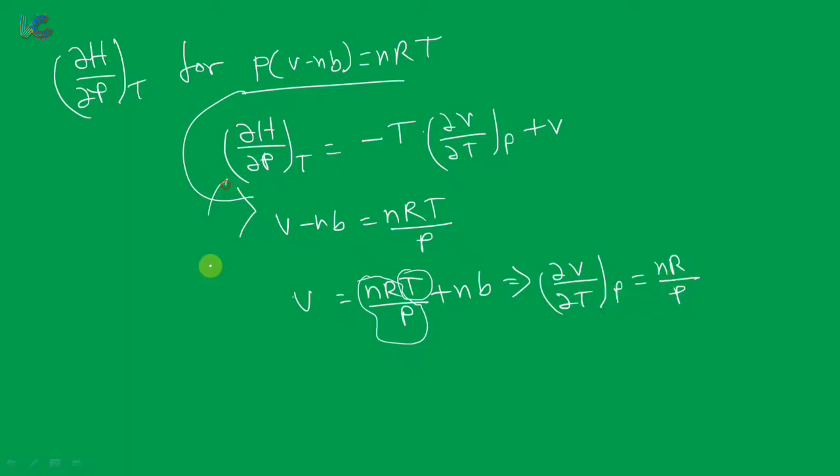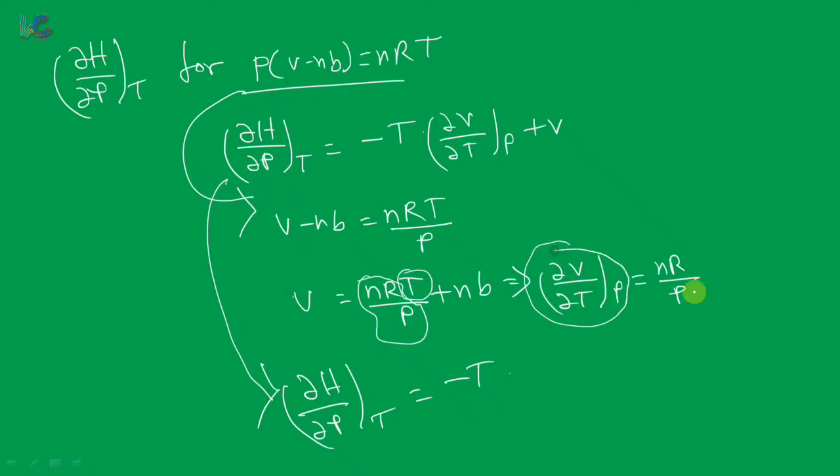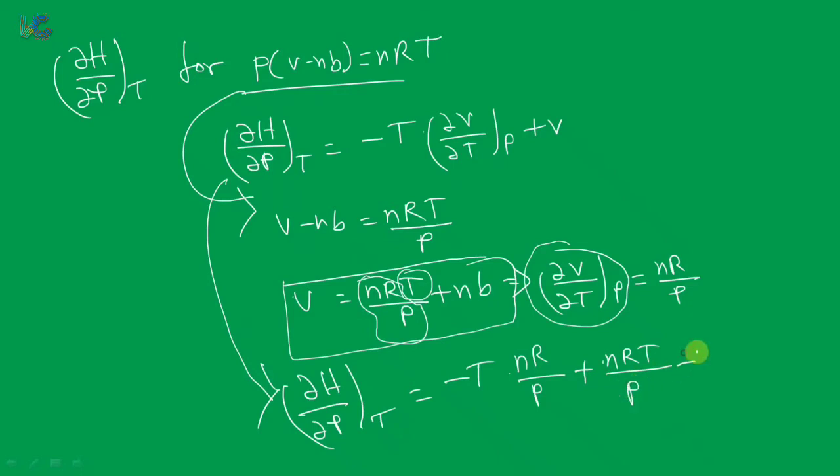So if you put this value in this equation, del H del P at constant T, you will get minus T into, instead of del V del T at constant P, you put nR by P. So you are getting nR by P plus V. Instead of V, you can write nRT by P plus nb.